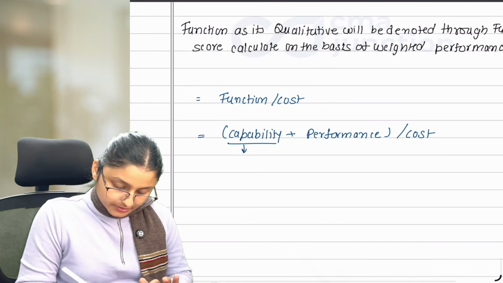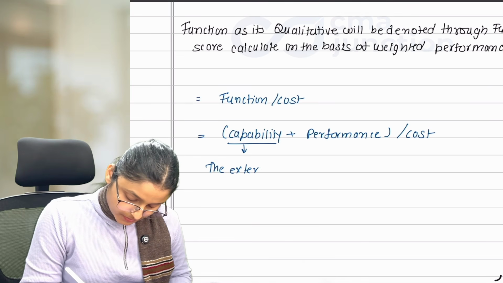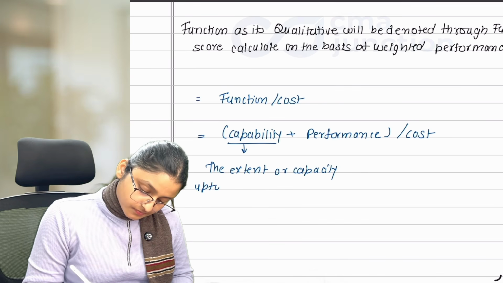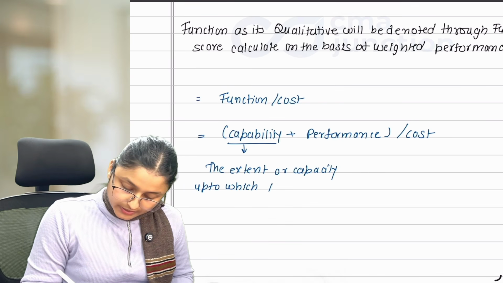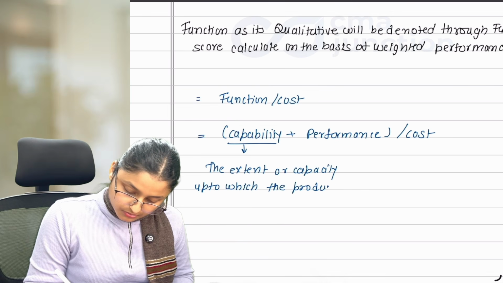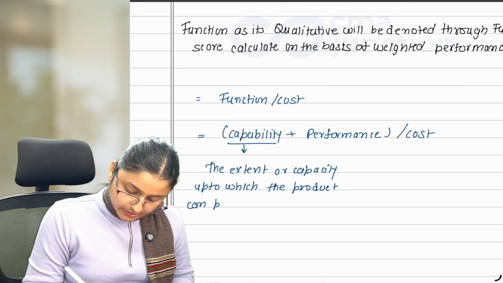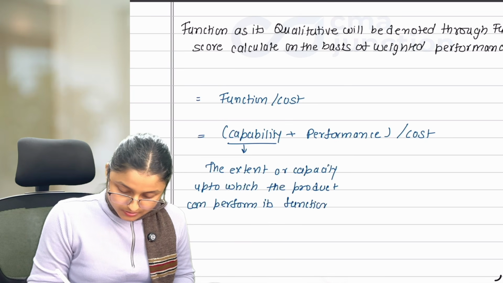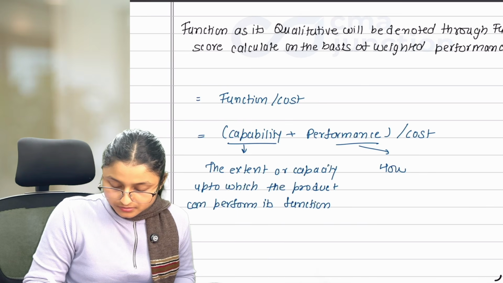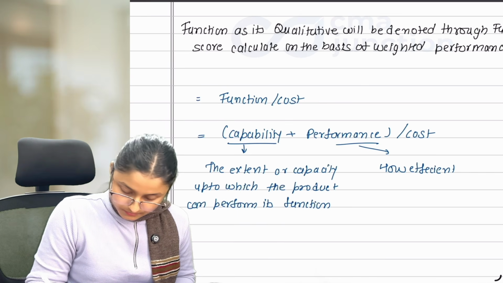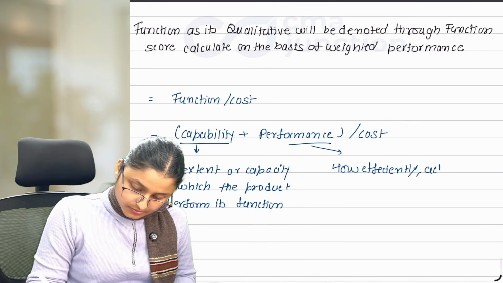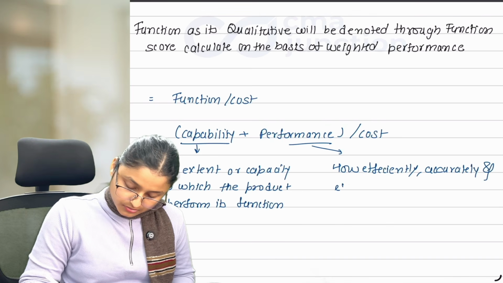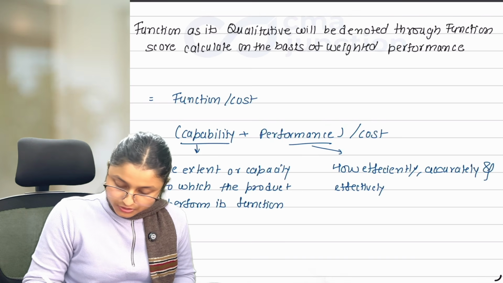Capability is the extent or capacity up to which the product can perform its function. And performance is how efficiently, accurately, and effectively the function is carried out.